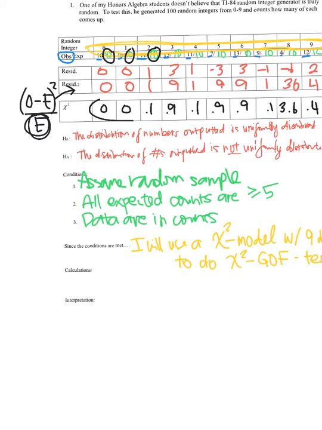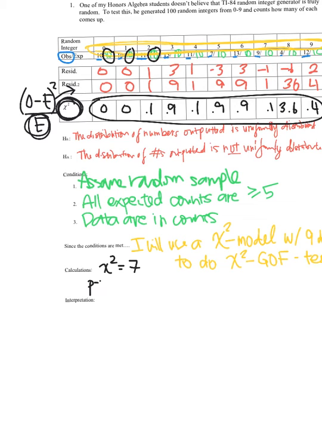And what we do is we add all those numbers up, and that will be our chi-square statistic. So if we add those all up, we get a chi-square of 7. All right. So that is our test statistic, and now we just need to find our p-value.